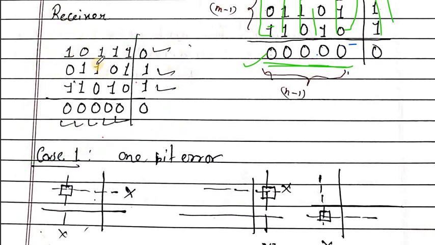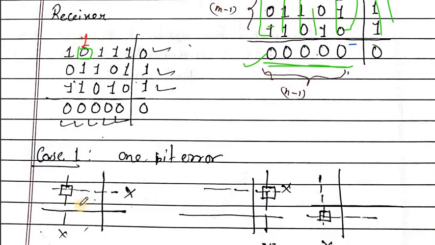Let us take one example with a 1-bit error. Here we see this is 0, but in some case it gets corrupted and the bit changes from 0 to 1. Now the receiver receives the corrupted matrix.